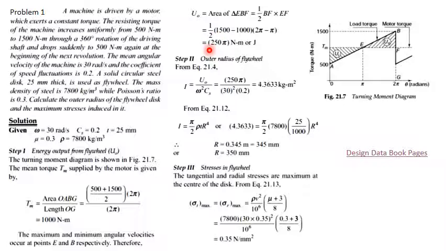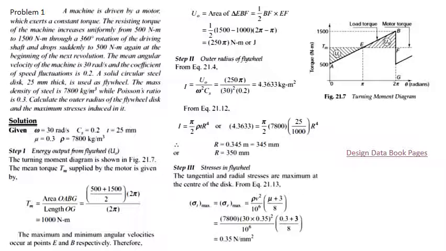So the mass moment of inertia required for the flywheel is U naught upon omega square Cs. Now this formula is already discussed in the previous section, and we can see this in the data book again.